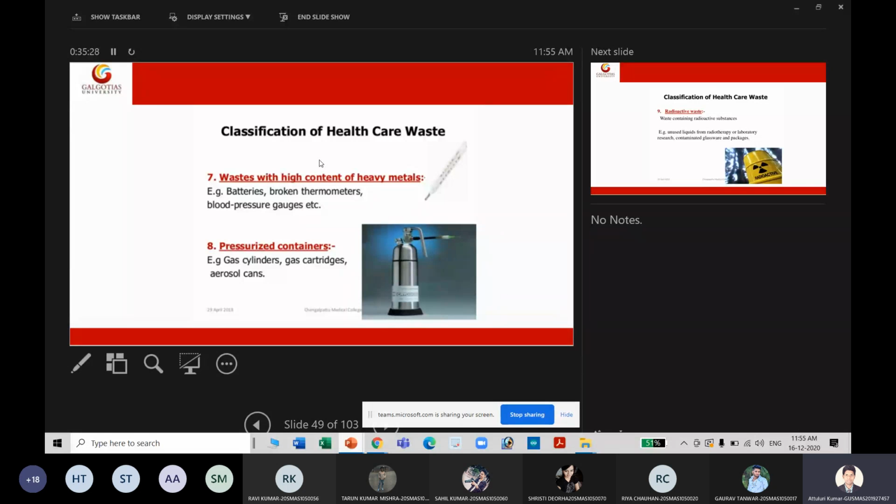You can see this silver thing; that silver thing is mercury. If you take a small amount of that mercury, you will die. And this is what they showed in the serial. It is present in thermometers and even in sphygmomanometers, the BP apparatus. So even in a blood pressure gauge we have that mercury, which is a heavy metal. That is all about heavy metals and pressurized containers.